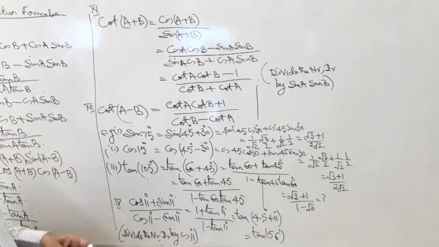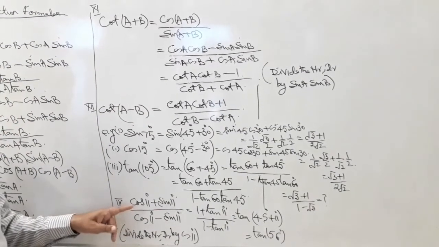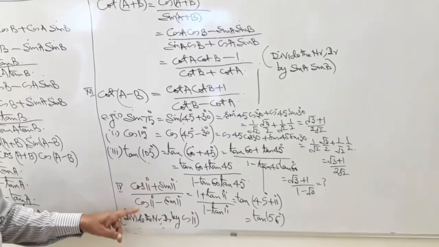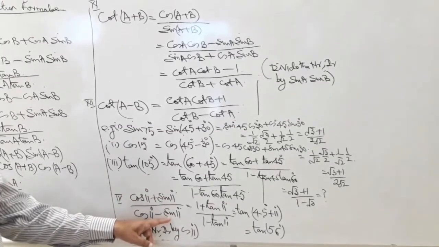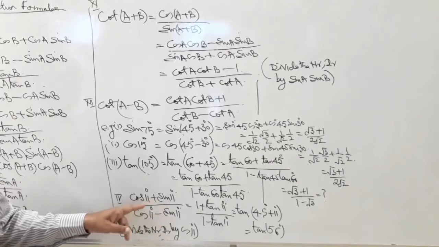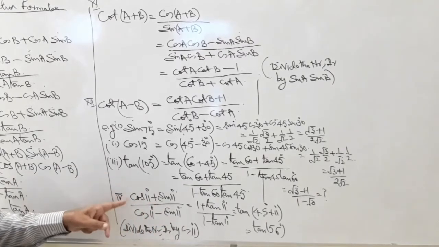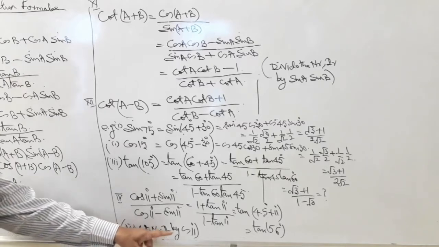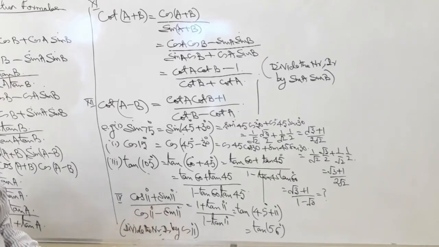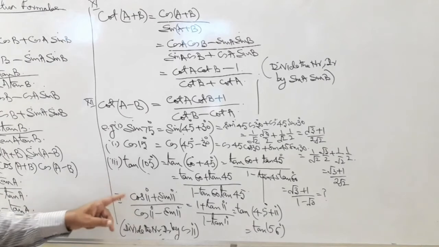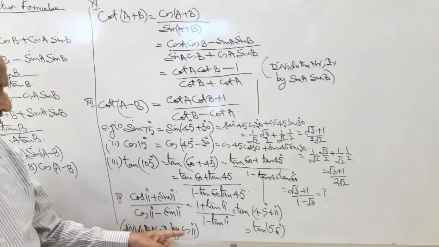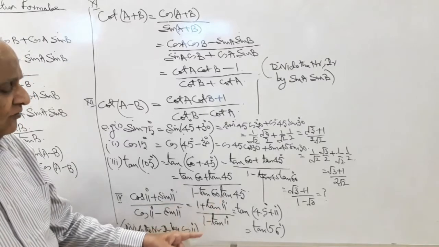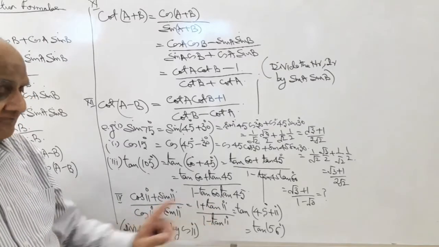Now we have another question like cos 11 plus sin 11 over cos 11 minus sin 11. In such a question, what we do is divide the numerator and denominator by cos 11. When I divide, it will be 1 plus tan 11 over 1 minus tan 11.